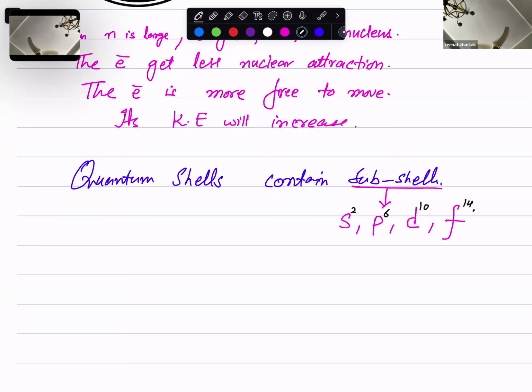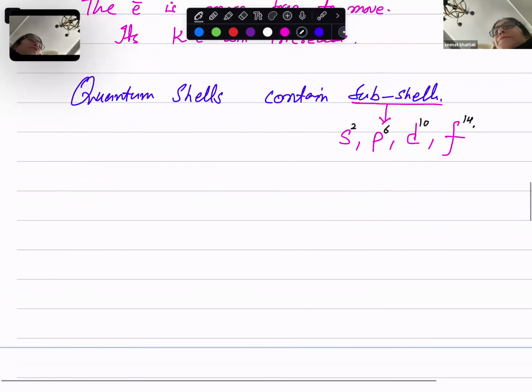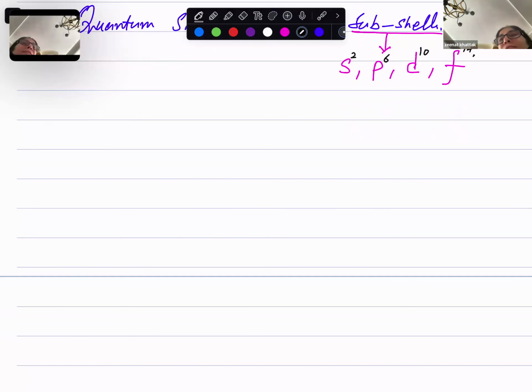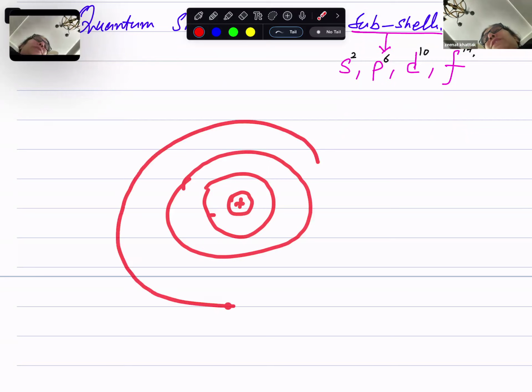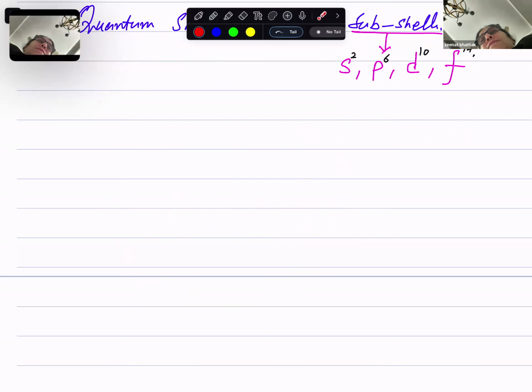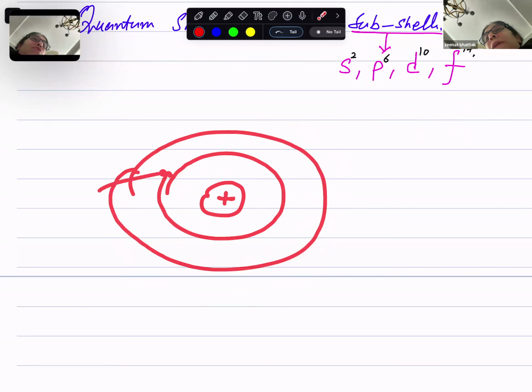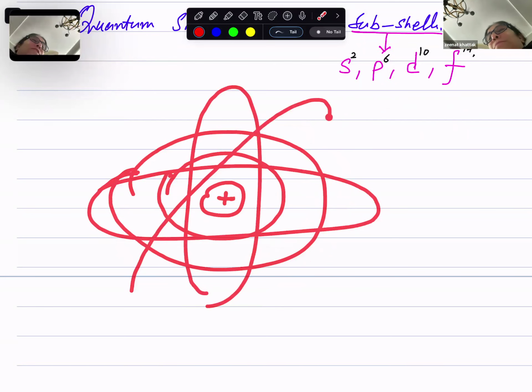You know what we are actually going to study? In an atom, listen, this is the nucleus, these are electrons. They're not necessarily in these spherical orbits. Around the nucleus, the electrons will try to be as far as possible.